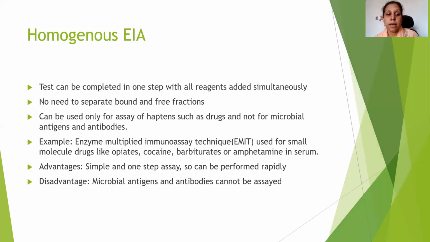An example is the enzyme multiplied immunoassay technique, used for small molecules like opiates, cocaine, barbiturates, and amphetamine in serum. So what are the advantages? It is very simple and has only one step to perform. What are the disadvantages? Microbial antigen and antibody cannot be assayed.